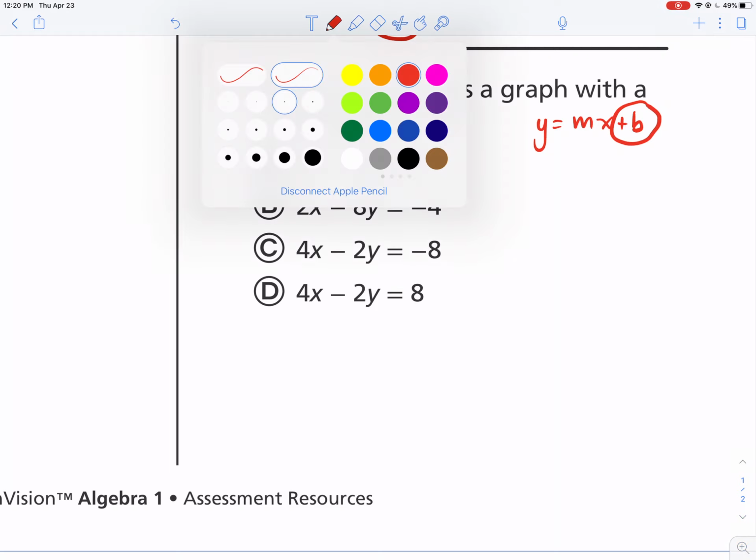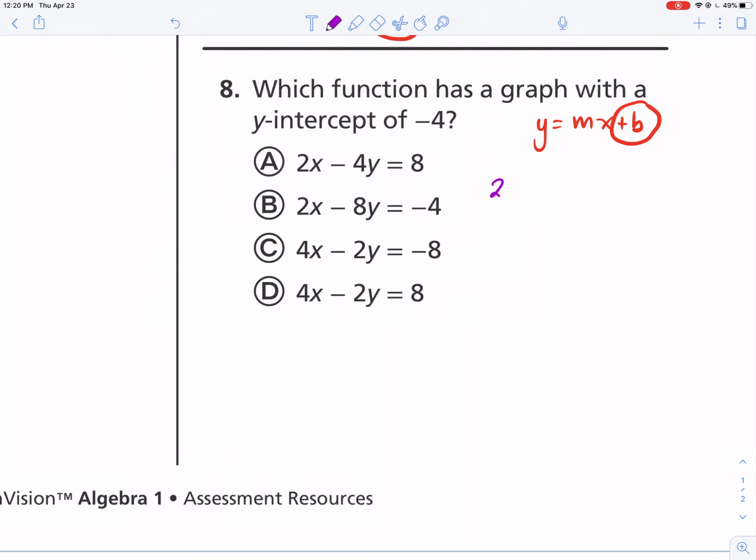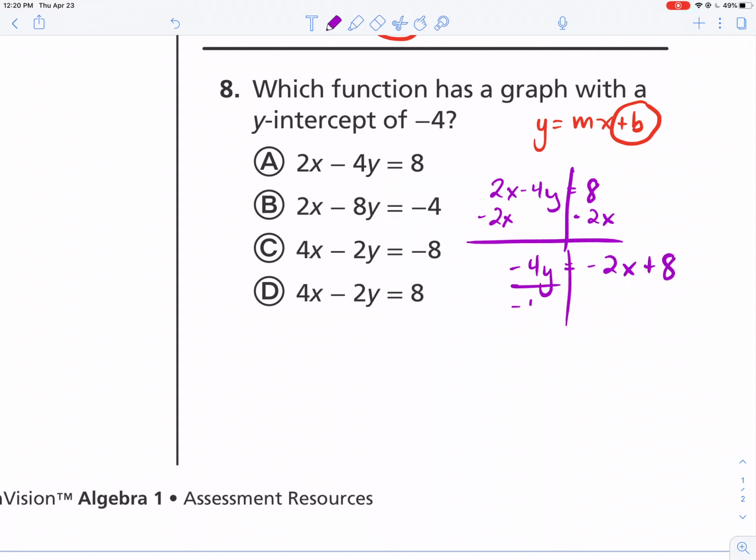So if we look at option A, we're going to say 2x minus 4y equals 8. To get the y by itself, I can subtract 2x, and I get -4y equals -2x plus 8. Then to get the y by itself, I divide by -4.